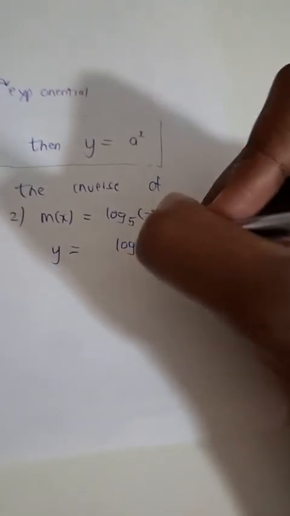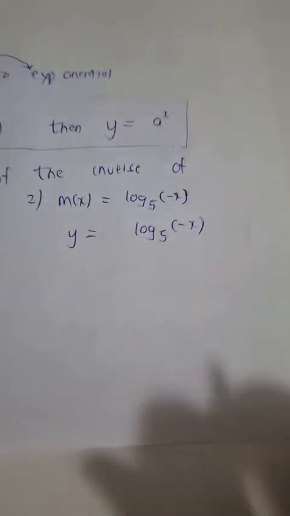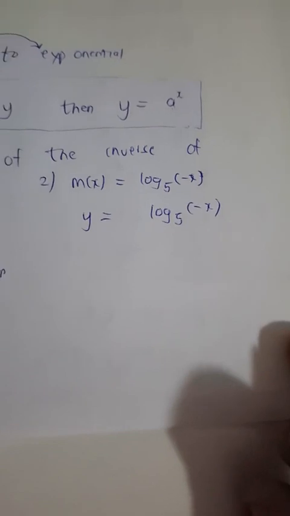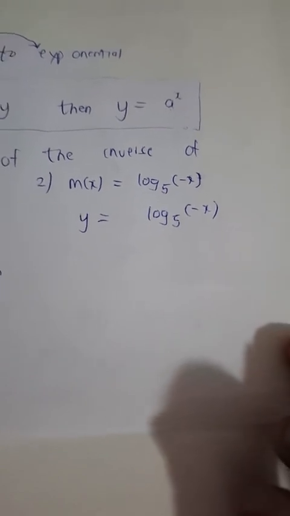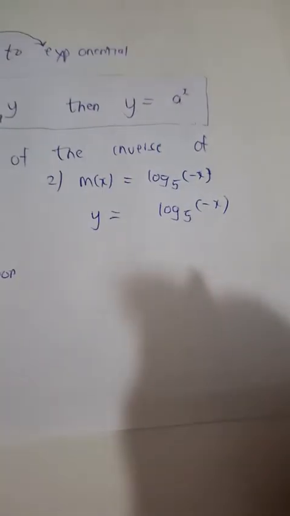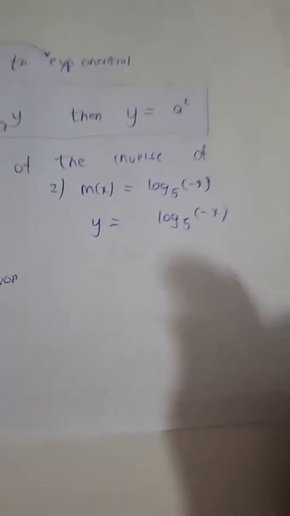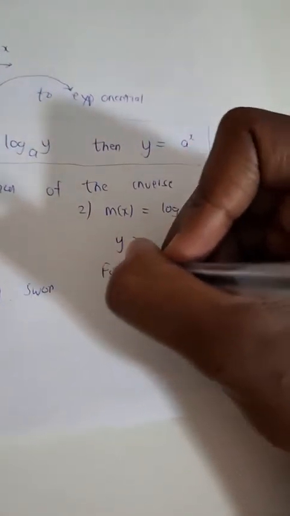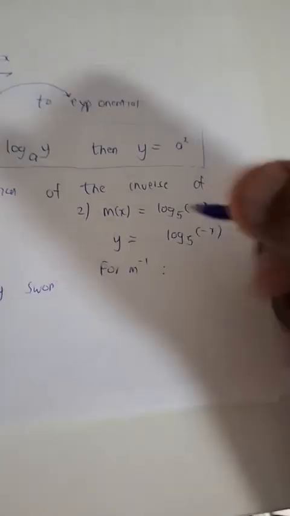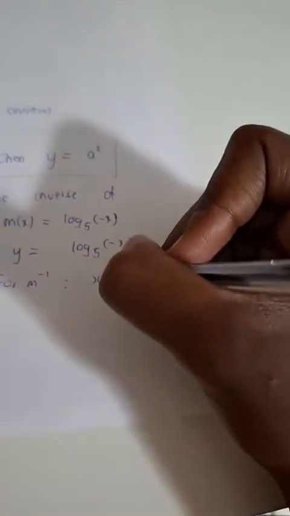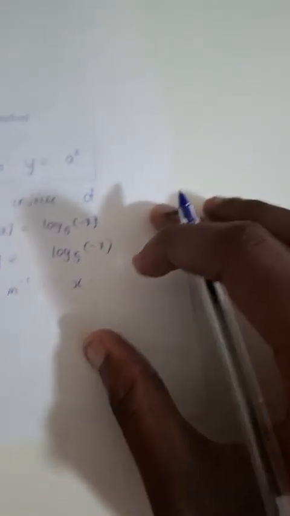So first step, as always, y is equal to log negative x base 5, step number 1. Step number 2, for m inverse, what do we know?